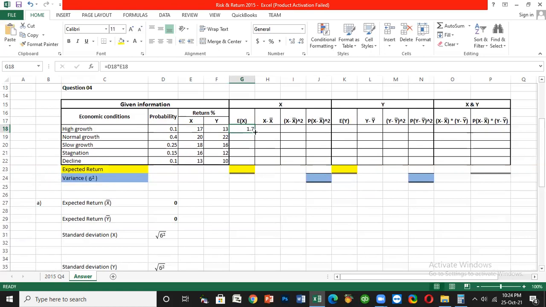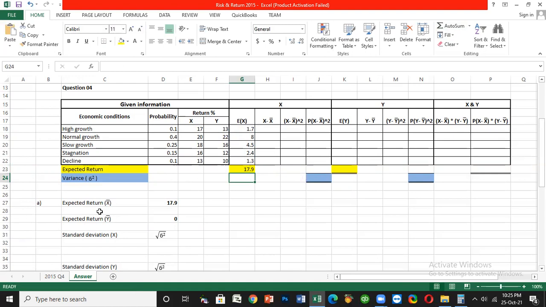Then the sum of these values is the expected return of X. So 17.9 is the expected return of X.